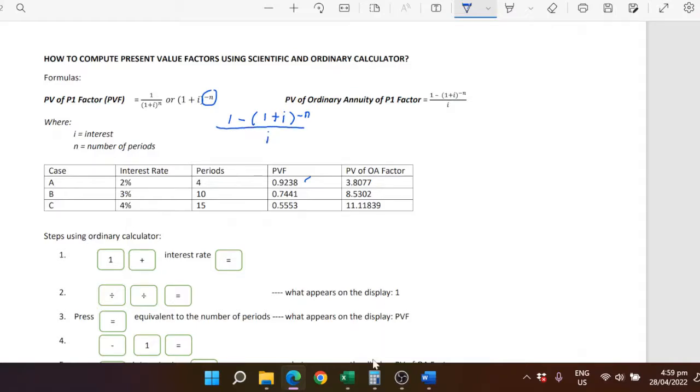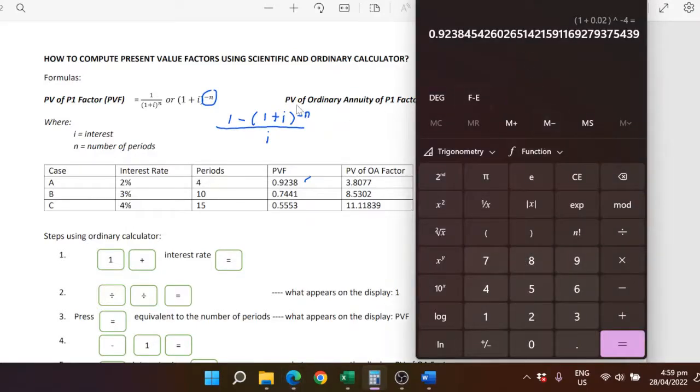Now let's continue. Since we already have our PV factor here, which is 0.9238, we're going to perform the remaining operations. Instead of 1 minus 0.923845, we're going to deduct it by 1.